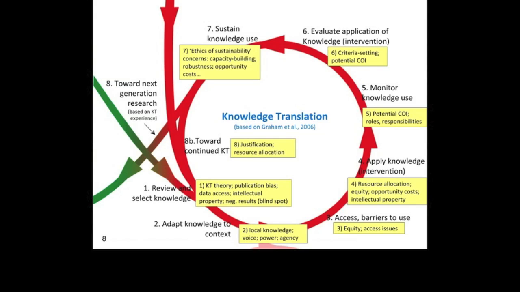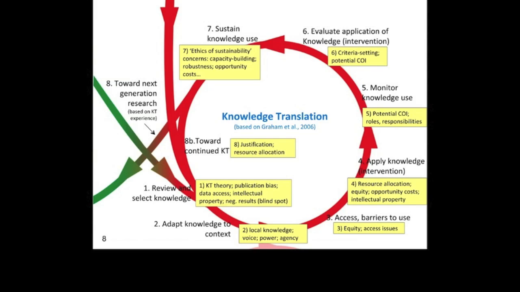When we talk about continuing KT, when we talk about continuing knowledge creation, we are talking about a situation where we justify science and where we make resources come into the cycle.